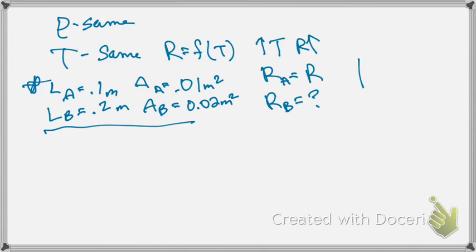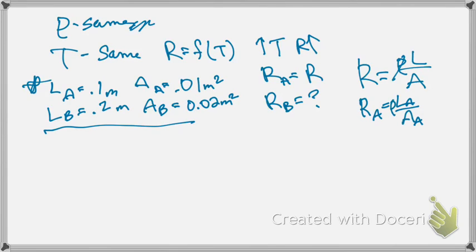And our resistance is given from this equation. So rho is the same for both of them, so we don't care about that. So R for A is just L of A over A of A times rho. You get some number there. And they called it R because it's in terms of variables. R of B is rho of B, which is the same rho. L of B is twice what L of A is.